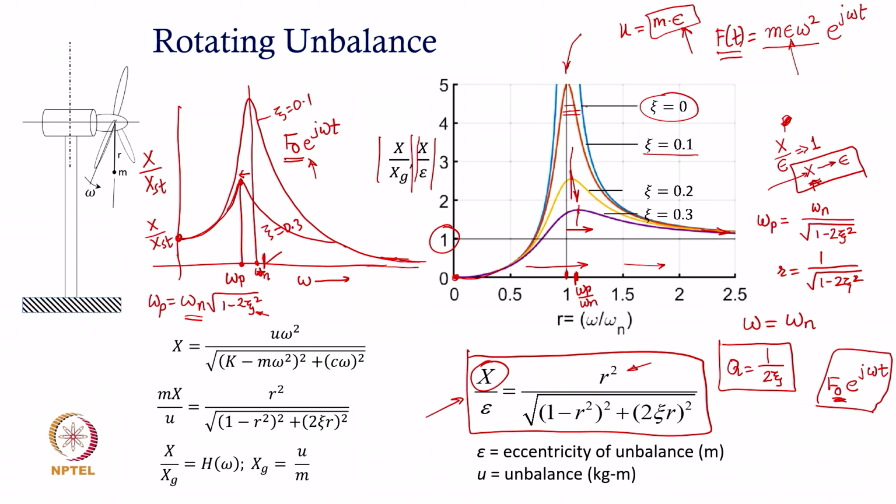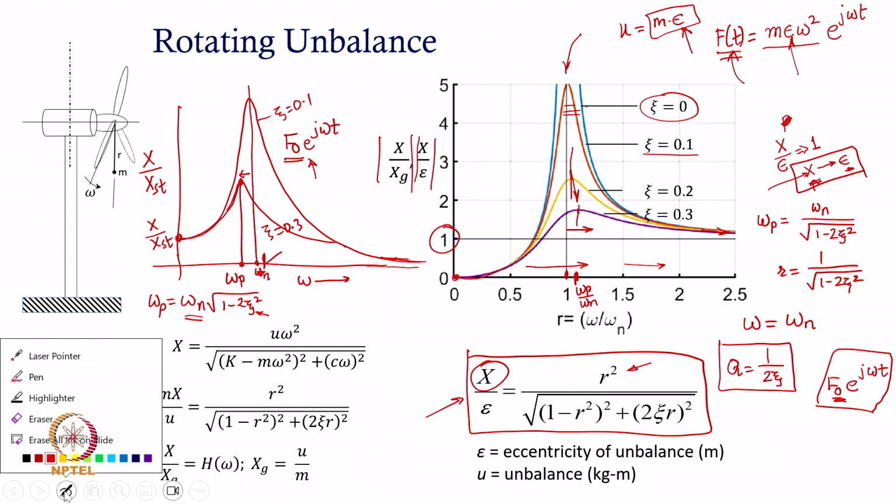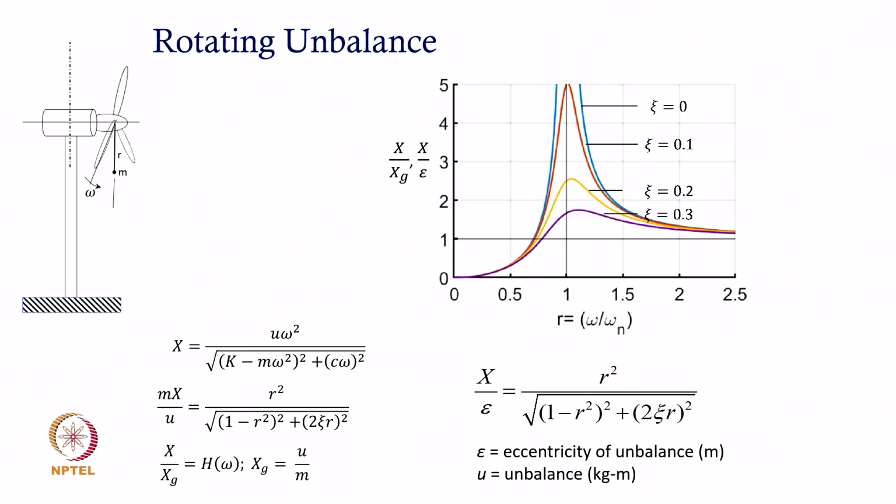So, by minimizing the unbalanced eccentricity, mathematically you minimize the source of your vibration. Practically it is like reducing the response x by reducing the unbalanced eccentricity. So, this is all about the rotating unbalance case as a natural extension to the case of constant amplitude harmonic excitation.